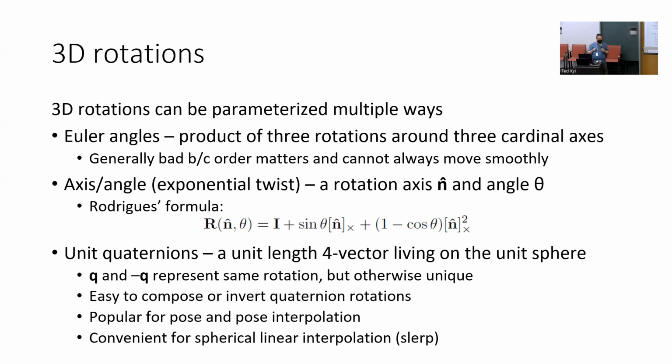Everything's great when you're near 0. Everything's great when you're near pi over 2 or whatever. But when you get close to 3.14 or whatever, all of a sudden you have this problem that there's a rotation very similar to you, but the only way you can represent it is with a number that's very far away.